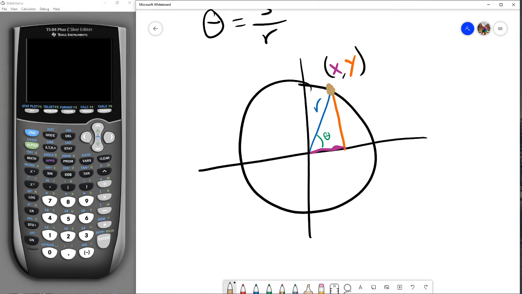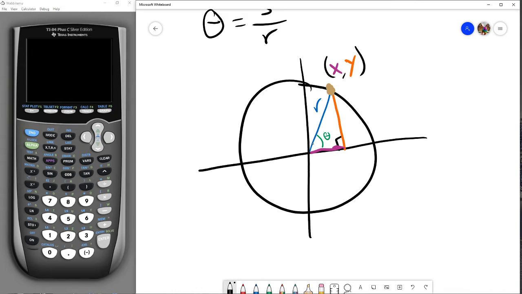Alright. So we can see that if we make a triangle, that's a right triangle, where you just go straight down from the point of intersection of the circle and our radius after we go out some angle. And then if we go horizontal across, we form a nice 90-degree angle. This is a nice right triangle.